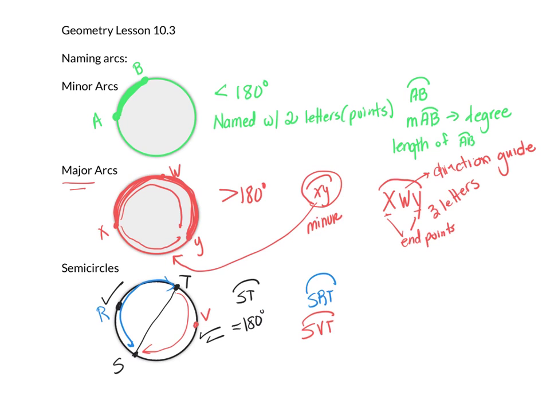But we don't know what else they're going to ask us. We don't know what other exercises they may come up with. And there may be a great variety. So we'll just make sure that we know that to name our arcs, for a semicircle, we need three letters. For a major arc, we need three letters. For a minor arc, we need two letters.